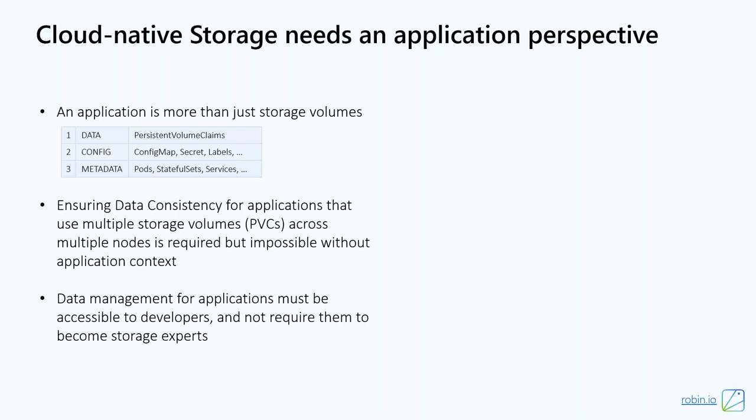When you deploy, let's say, a Postgres database, you're not deploying only the persistent volume claim, right? There are other components, like configuration components and metadata components. So how do you make sure of the consistency of a snapshot across all of these components? And that's where Robin automates a lot of stuff.